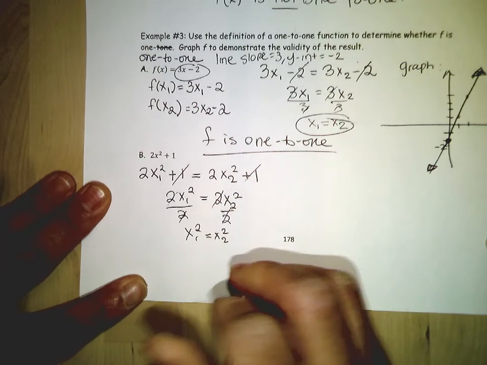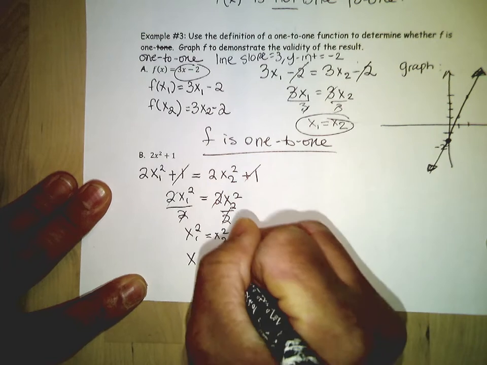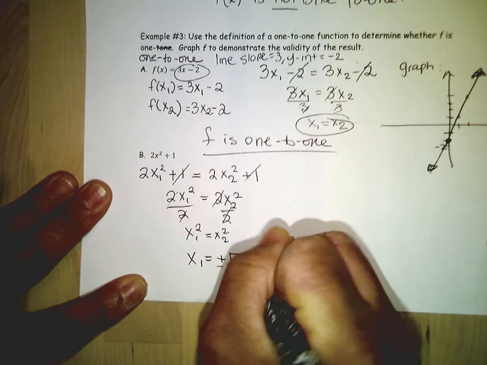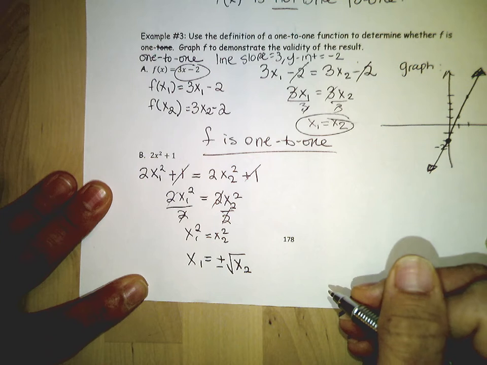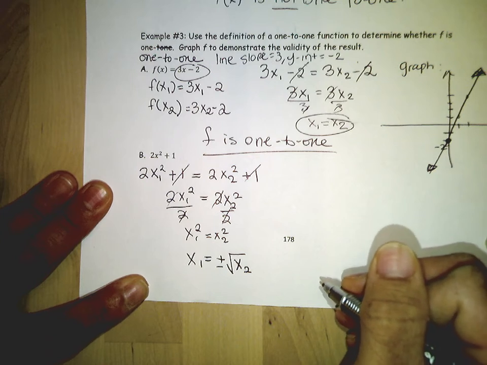Then we will take the square root on each side. So x1 is equal to plus or minus the square root of x2. Remember that there are two solutions here.